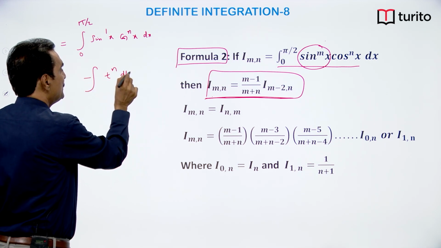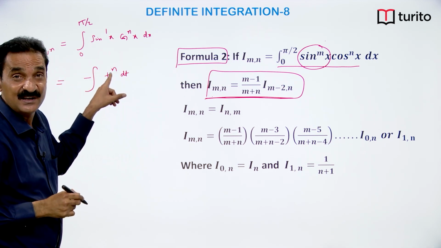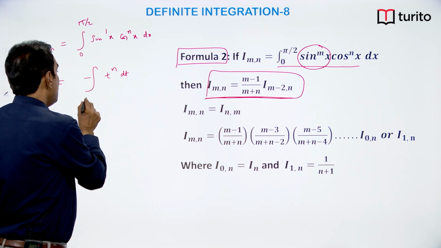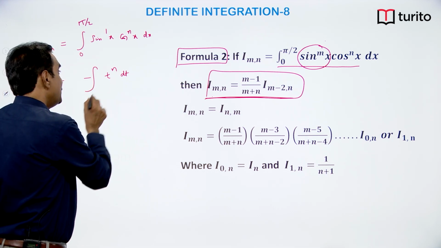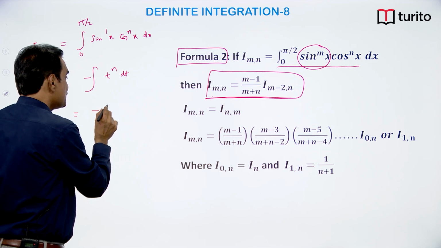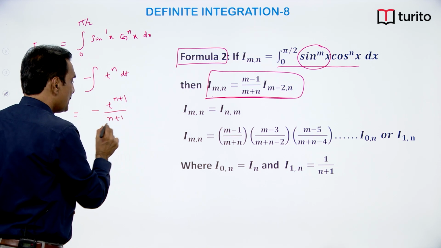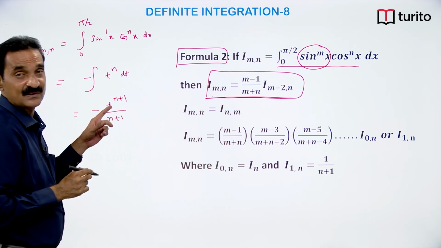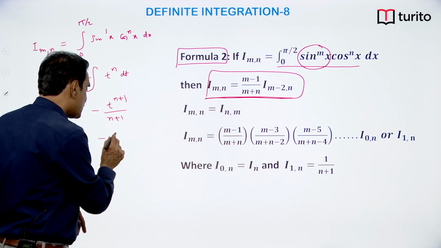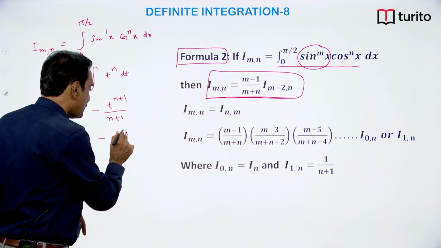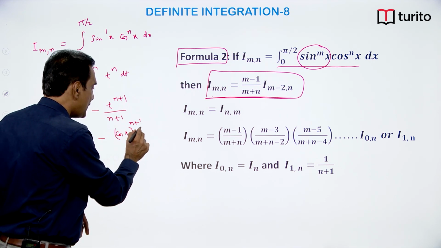So it becomes this, where t is cos x, and integral of t power n is t power n plus 1 by n plus 1. t means cos x, so minus of cos x power n plus 1 by n plus 1.